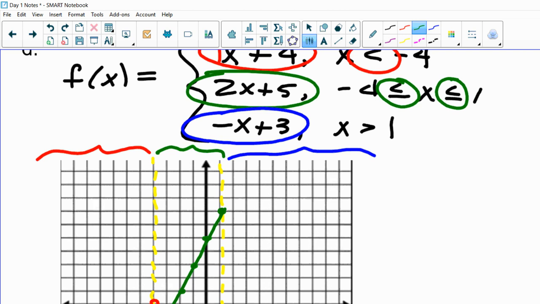Now let's graph Mr. Blue. Well, Mr. Blue has a nice big yard. His y-intercept is 3. Now remember, if I go to 3, I'm in Mr. Green's yard. This is going to help me get the house built, but then I got to go and erase my footprints. Slope is -1. Down 1, right 1. Now that ends up on the fence. Does Mr. Blue own that fence? Nope, Mr. Green does.